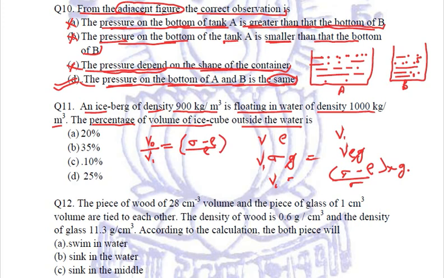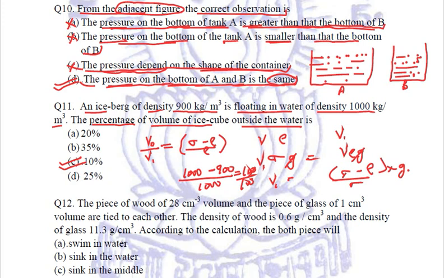We know that the density of water is 1000, given in the question, minus the density of the substance, 900, divided by again the density which is 1000. So this comes out to be 100 upon 1000, which is equal to 10%. So 10% is the correct answer. C option is the right one.